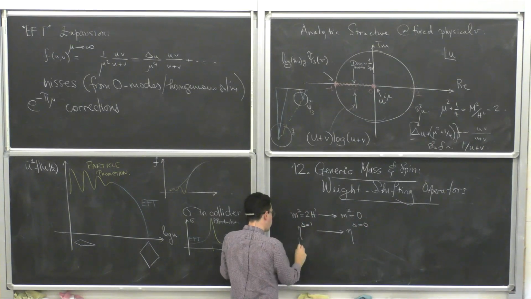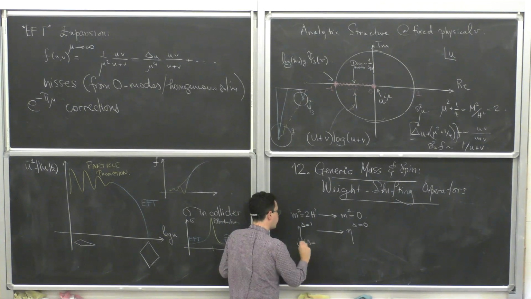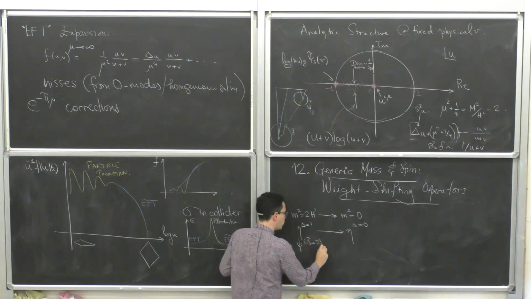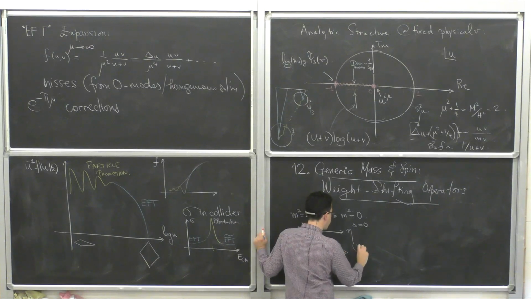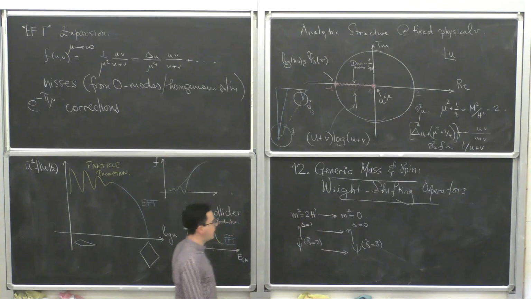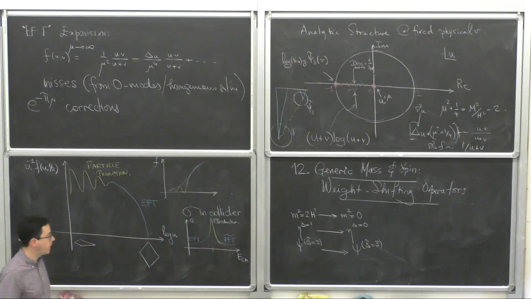Or you change the wave function coefficient psi for an operator of dimension delta tilde equals 2 to the wave function of an operator with delta tilde equals 3. Okay? They always add up to the number of spatial dimensions.